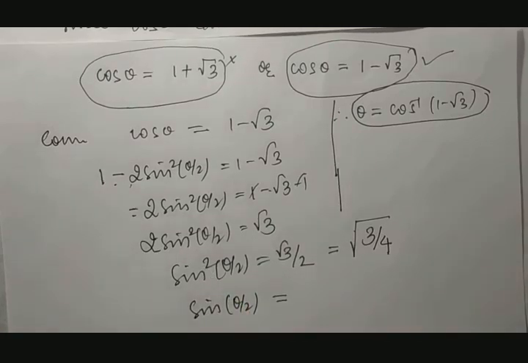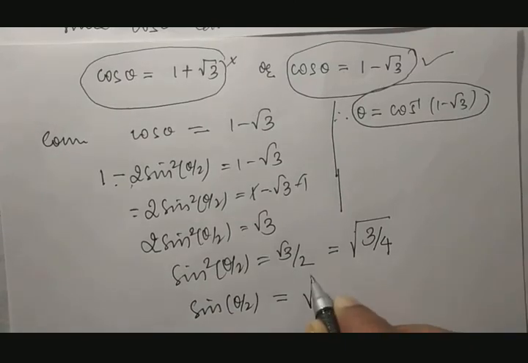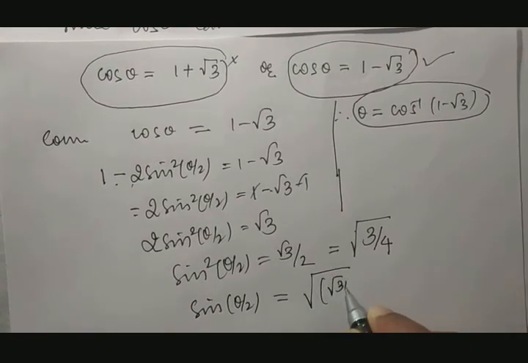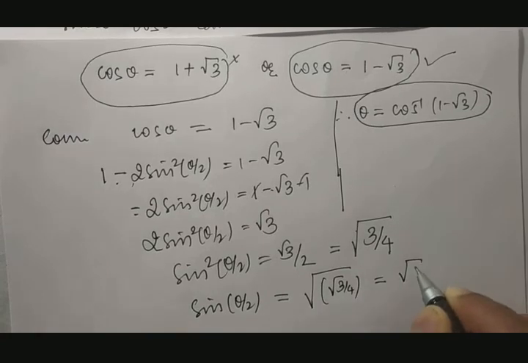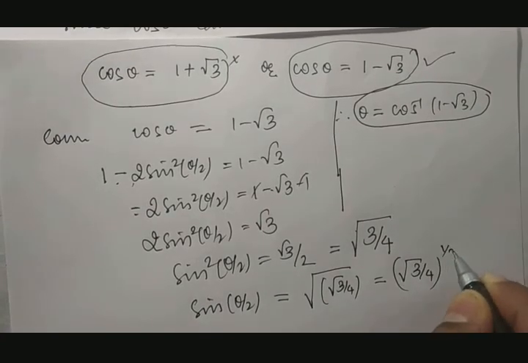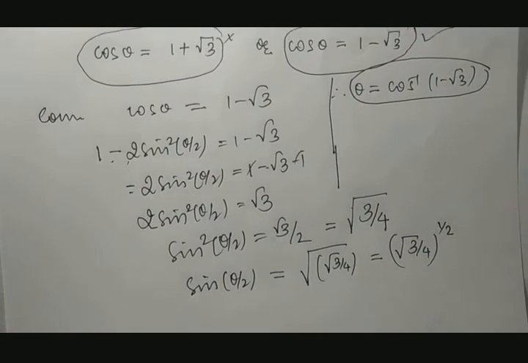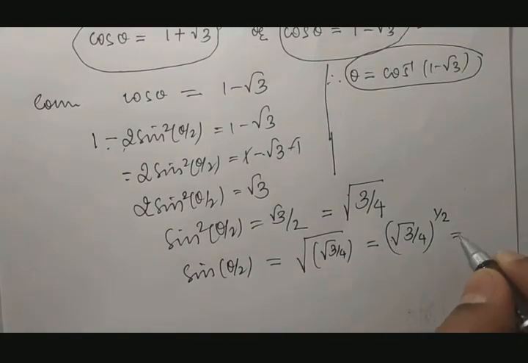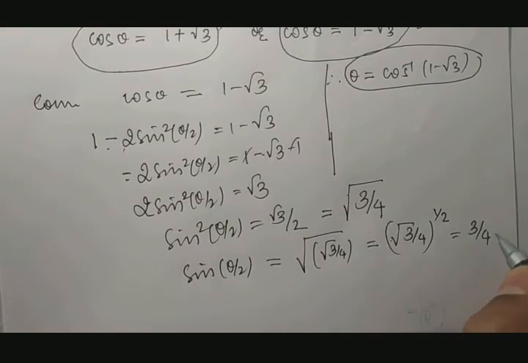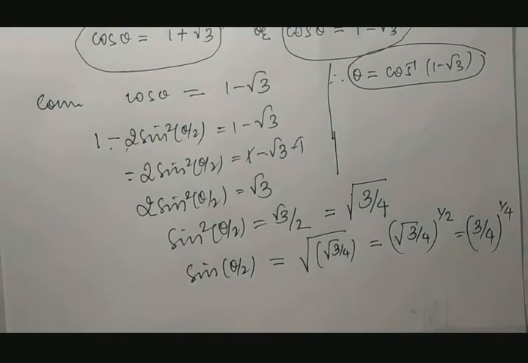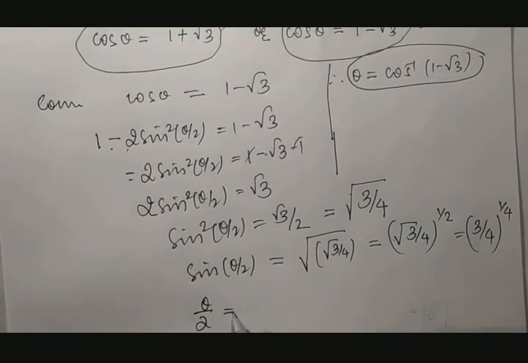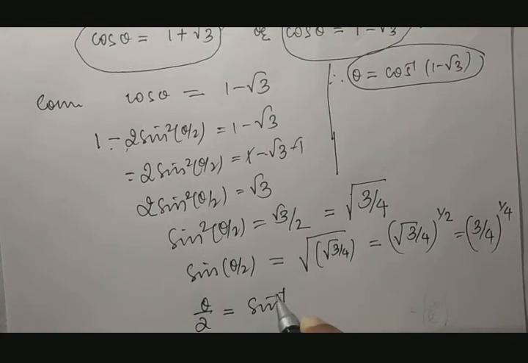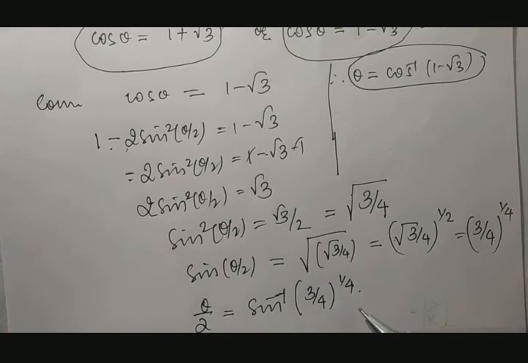Then it becomes square root of 3 by 4, which is nothing but 3 by 4 raised to 1 by 2, and the root is again 1 by 2, so it becomes 3 by 4 raised to 1 by 4. Fine. Then what is theta by 2? That is nothing but sine inverse of 3 by 4 raised to 1 by 4.